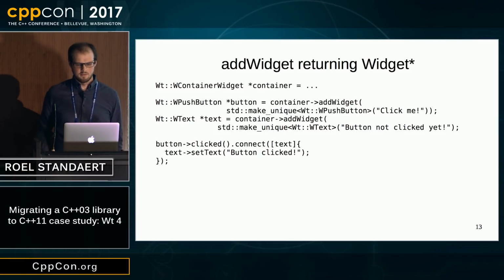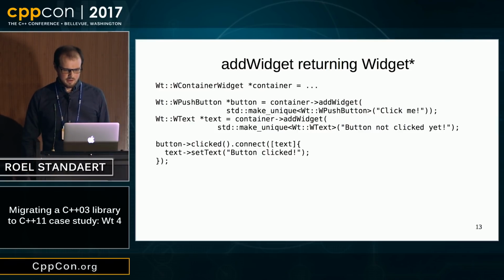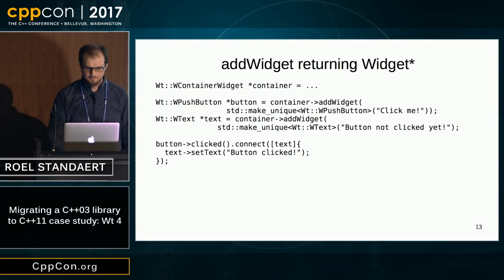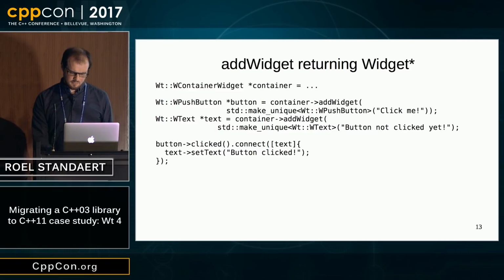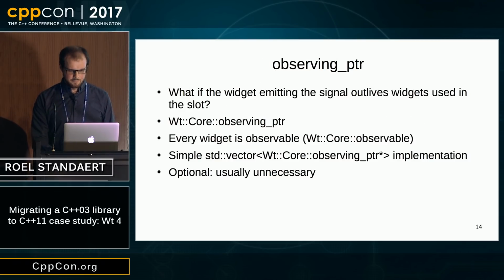Instead of having these moves or having to save it with a .get, you just call add widget, construct it in place as the argument, and get a raw pointer out of that. Later you can use that raw pointer to still connect signals to slots, for example.